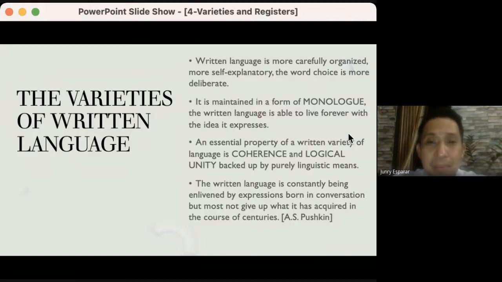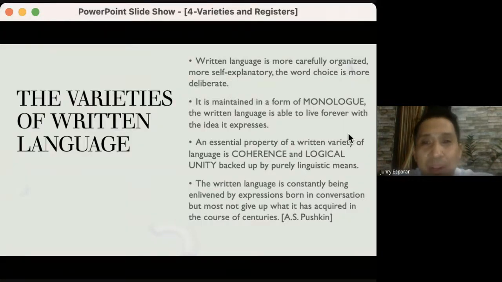It could be a memo, the minutes of the meeting, a simple incident report, or an email to a business partner, to a colleague, to a teacher. Which means you have to be direct to the point. There's no room for flowery words. And also it must be self-explanatory. So the choice of words is very important.